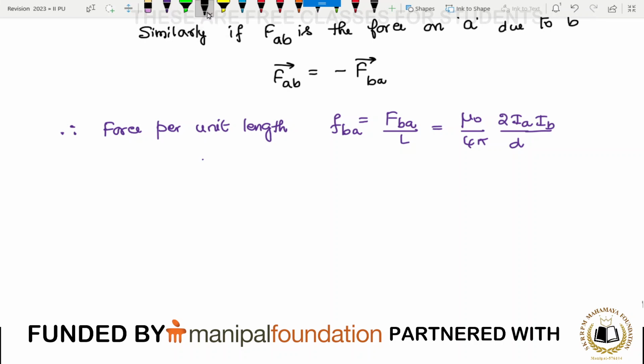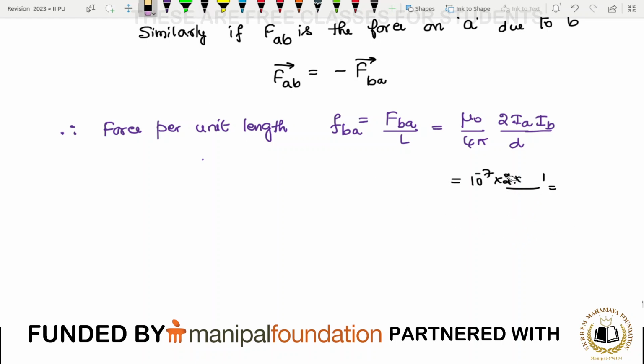So how to define this now? What are the variables in this formula? Mu naught by 4 pi value we know, 10 to the power minus 7. Two times Ia, value 1; Ib, value 1; distance, value 1. So this value comes to 2 times 10 to the power minus 7. The unit of force is Newton, the unit of length is meter, so it becomes Newton per meter. This we are going to represent in our statement of 1 ampere.